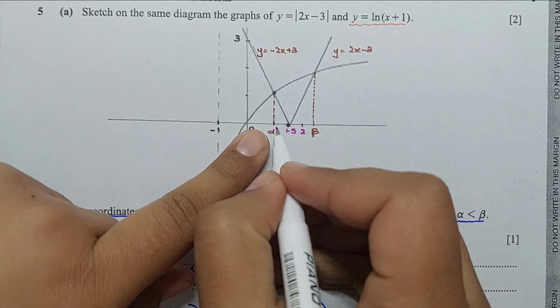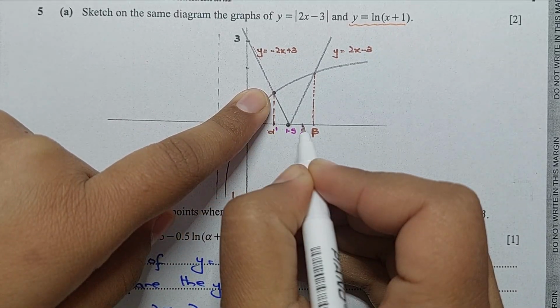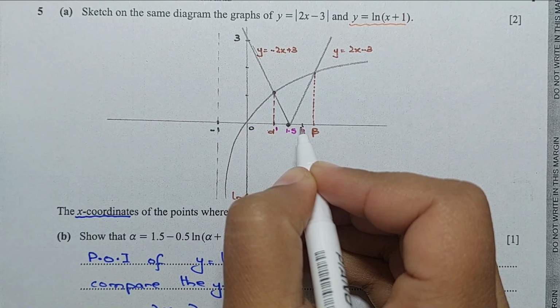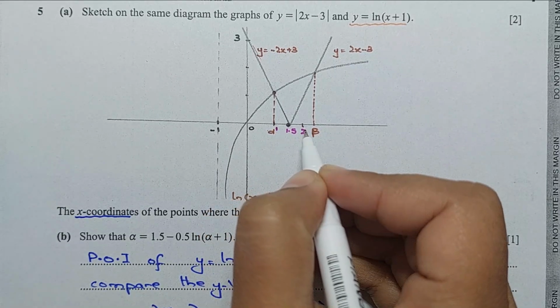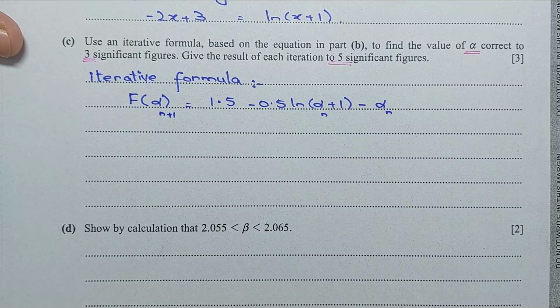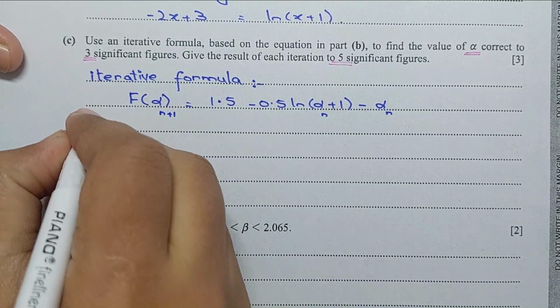You can see the alpha value lies between 1 and 2, so we can fix the initial guess between 1 and 2, but before fixing it, we need to check whether there is a sign change between the numbers 1 and 2. If the sign change occurs between 1 and 2, then we can say that the value lies between 1 and 2.